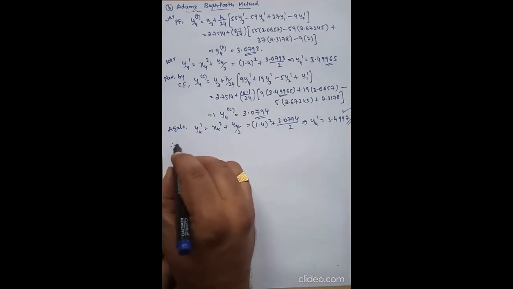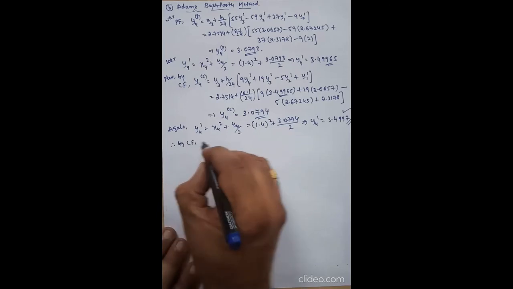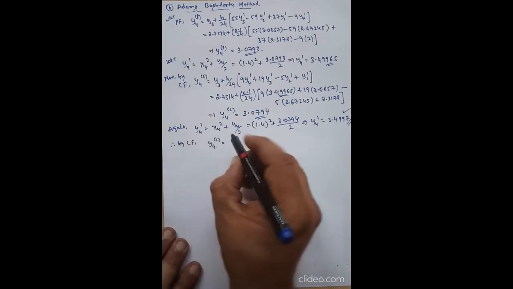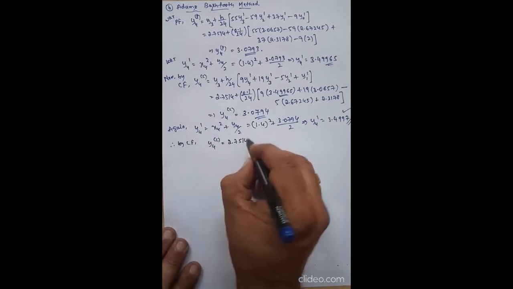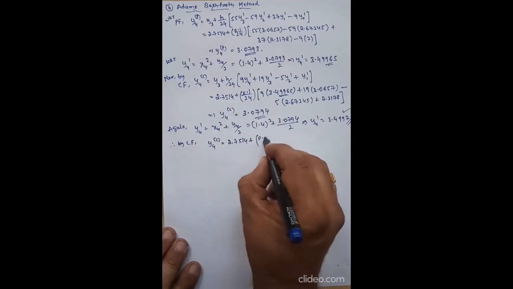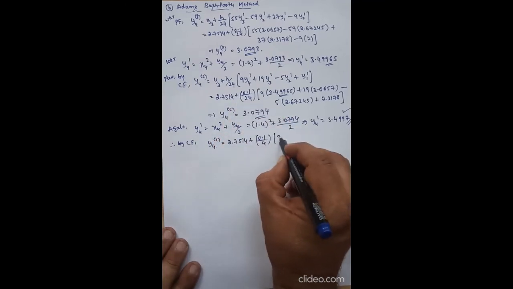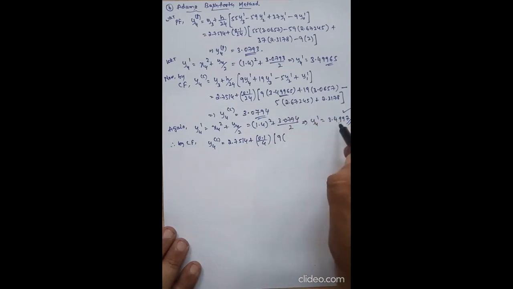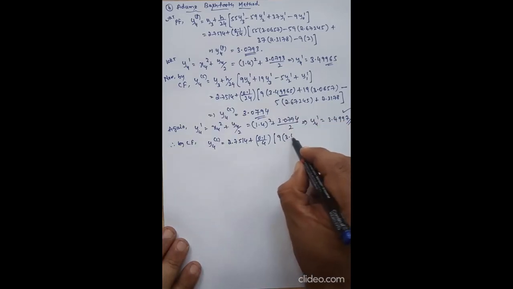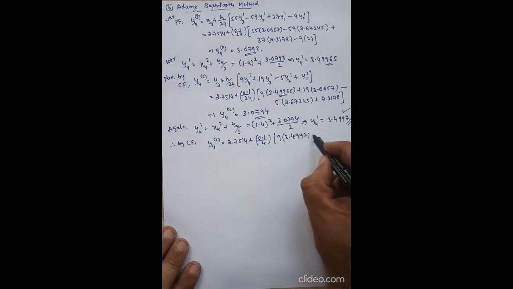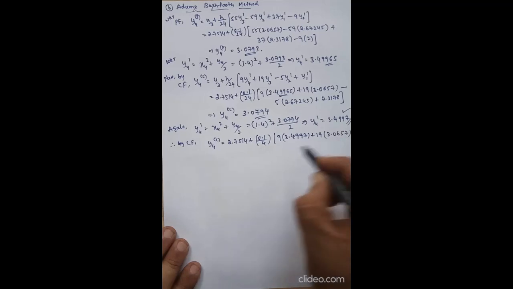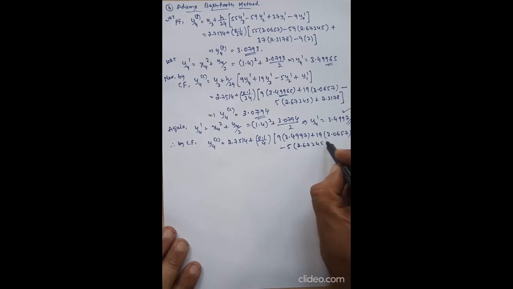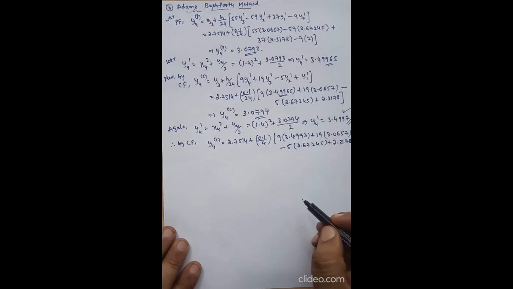So therefore, y4 power c equals 2.7514, this value, plus 0.1 by 24 into 9 into, instead of this, I have to use this value now, 3.4997 plus 19 into 3.0657 minus 5 into 2.67245 plus 2.3178.